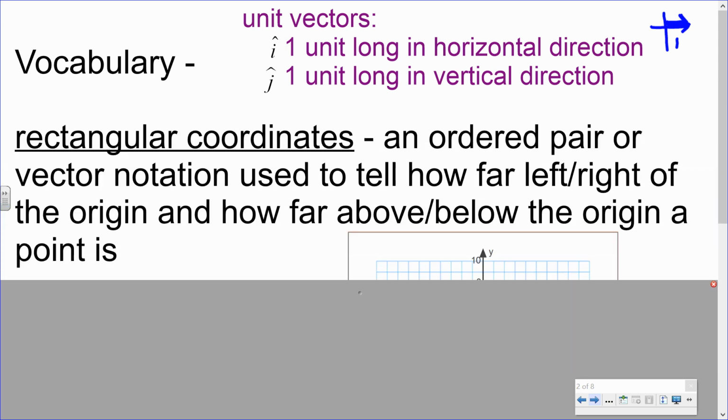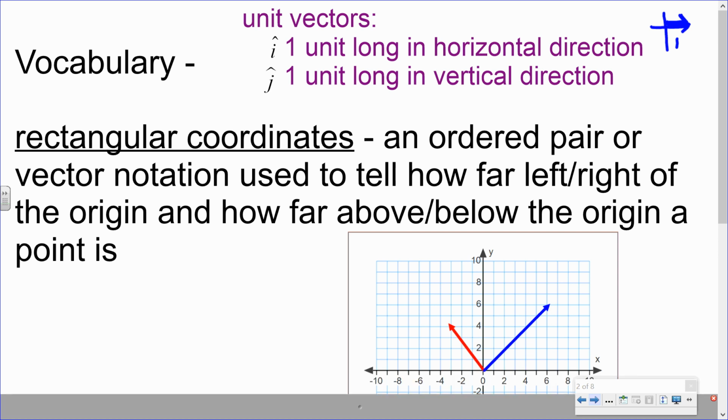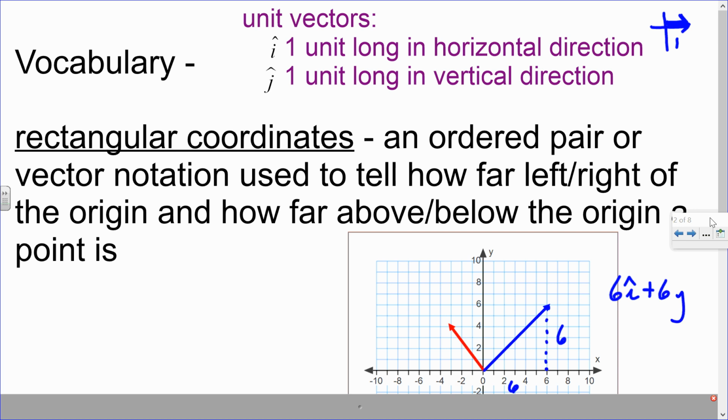We then use that to talk about rectangular coordinates as one of the ways that we describe a vector. And for what I have here with the blue one, we went 6 to the right, and then we went 6 straight up. So with rectangular coordinates, we learned last year we could describe that as 6 i hat plus 6 j hat.